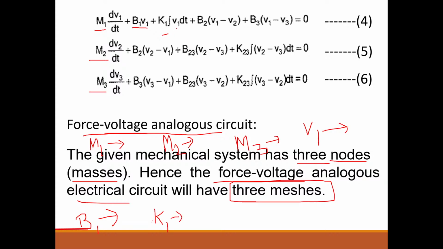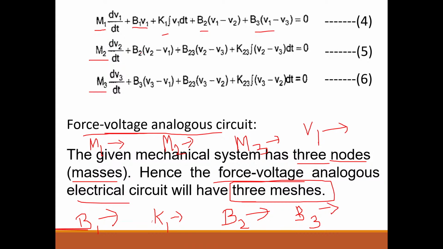What else is there here? Write B2, put an arrow mark and leave it. Similarly, write B3, put an arrow mark and leave it.